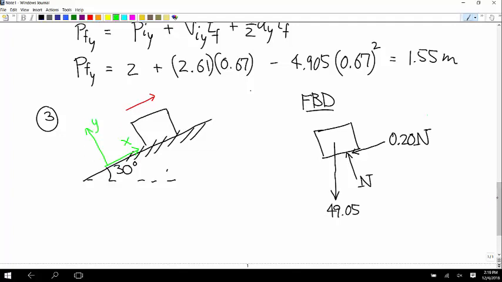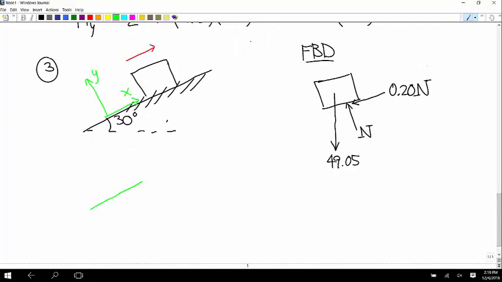So to think about that, if the coordinate system is like this, the weight force is always straight down. And the angle between the negative y-axis, here's the positive y-axis, and the weight force is the angle of the incline, so this is 30 degrees.